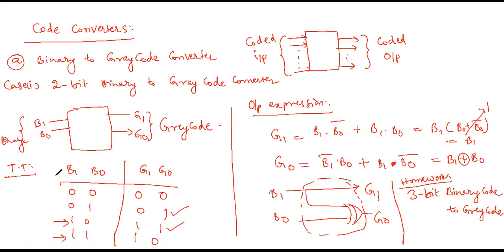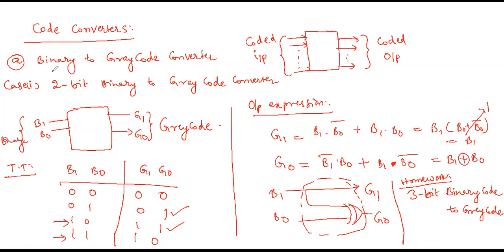You will get B2, B1, B0, G2, G1, G0. Write the binary code sequence and the gray code sequence and find out the expressions.